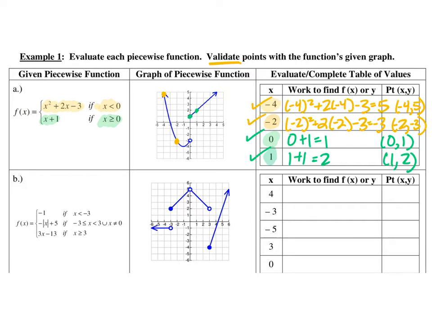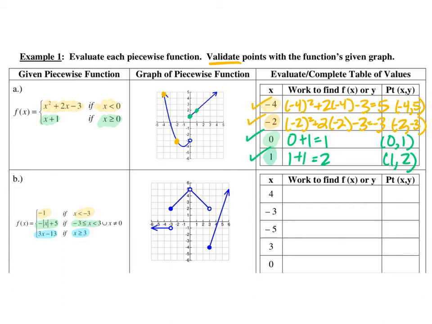Now let's check out example B. So example B has 3 different subfunctions and subdomains. So now we will evaluate all of our x's, or our inputs. So let's take a look at the first input, 4. Now we have to compare 4 to each one of these subdomains.